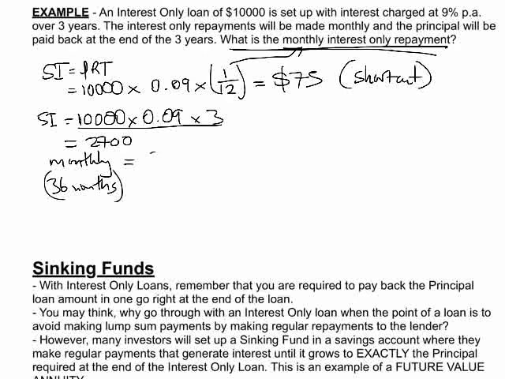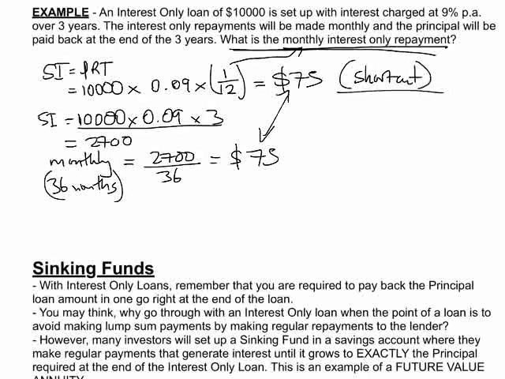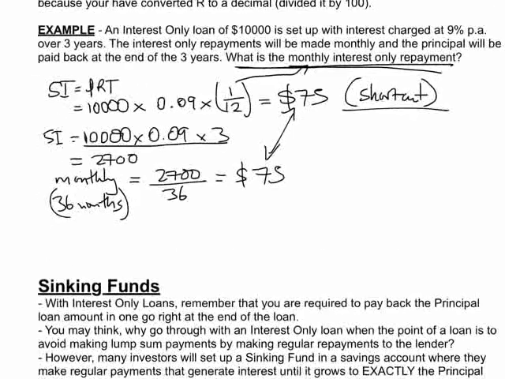So it's 2,700, the total amount paid, divided by 36 months to work out how much you pay per month, and hopefully that works out to, yes, the same thing. If you don't like the shortcut idea, you can go with that. Some people might find it more logical. So that is working out the monthly interest-only repayment for an interest-only loan.